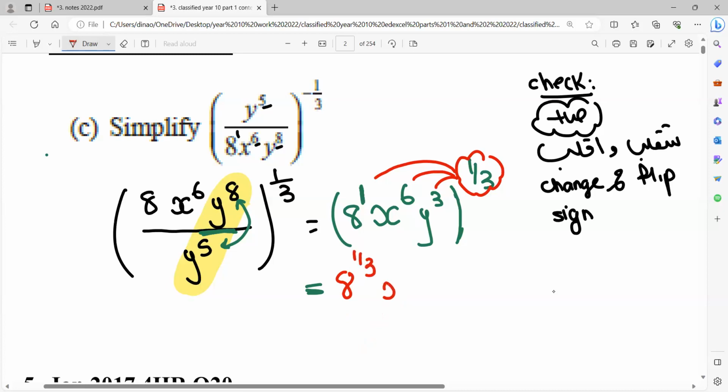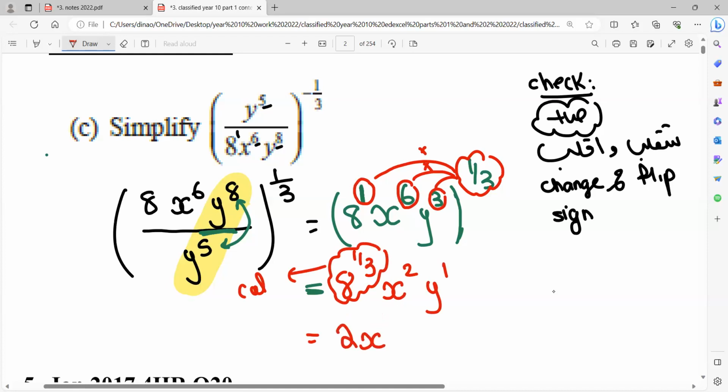And then x to the power of 6 times... I'm going to circle the items that you multiply. So third times 1, third times 6, and then third times 3. And of course, this over here could be placed on the calculator if you don't know the information that 1/3 is cubic root, and then you will get this final answer over here, which is 2x squared y.